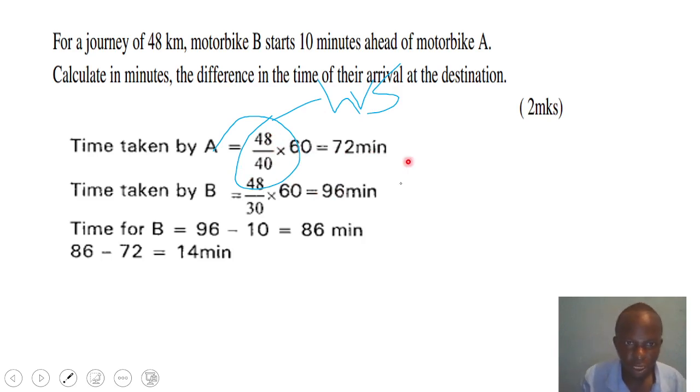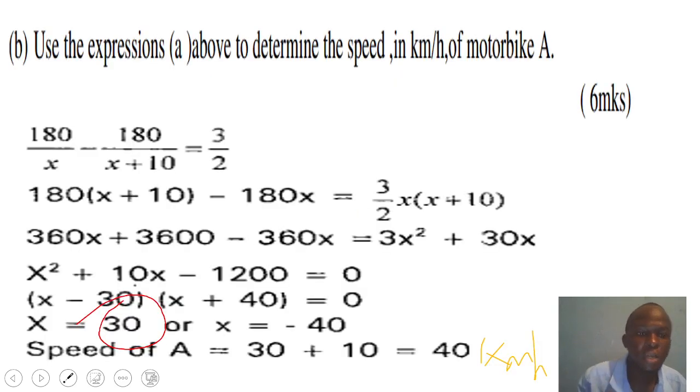The time taken by B is 48 divided by 30, times 60. The same analogy applies here, so that will be 96 minutes. The distance is still the same, 48. Back to the question, see how 30 has come up.